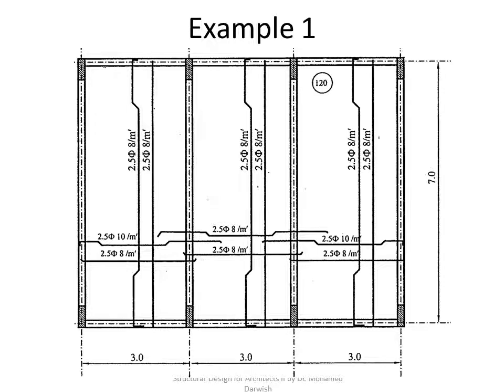The details of something like that. In such a case, your x-axis here is the main direction. So 2.5 phi 10 and 2.5 phi 8, you could look at the first bay, and then you bend the bars.